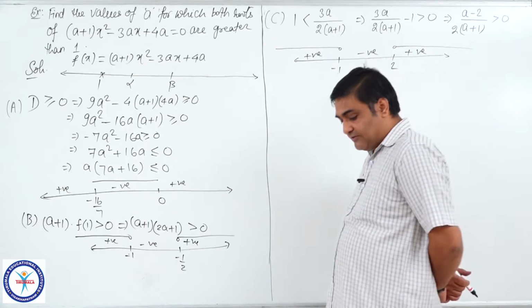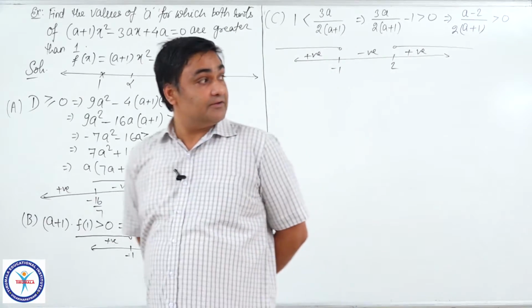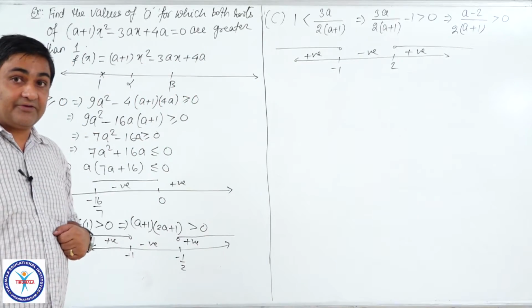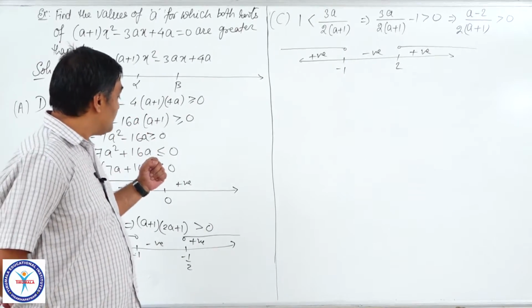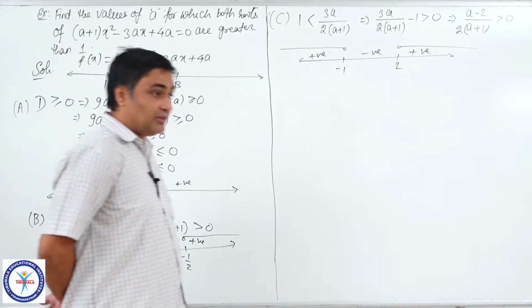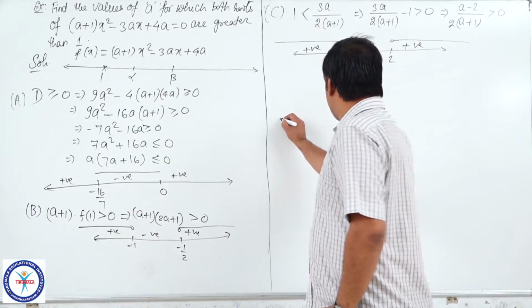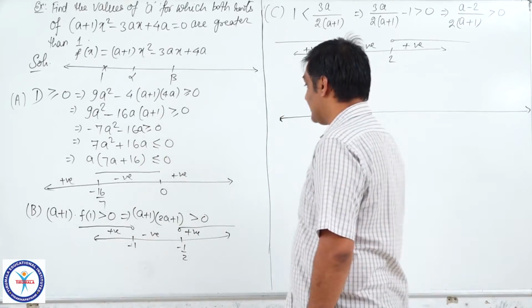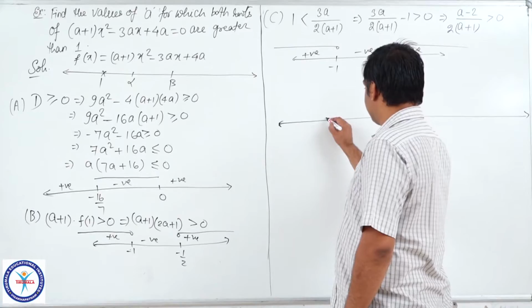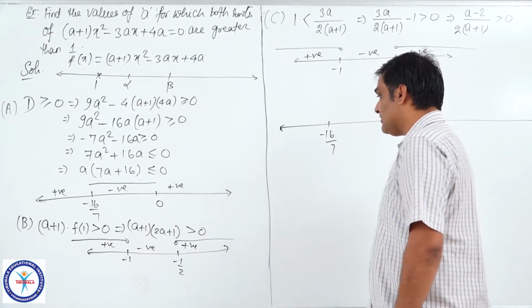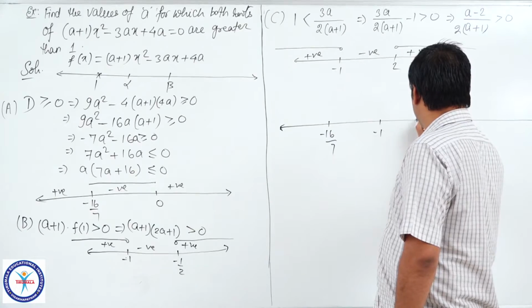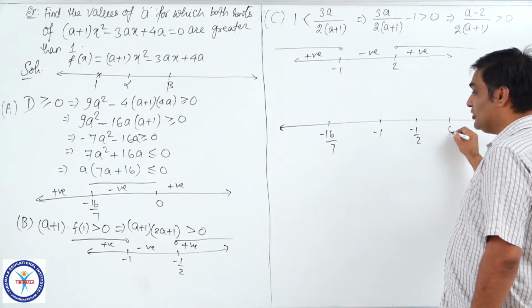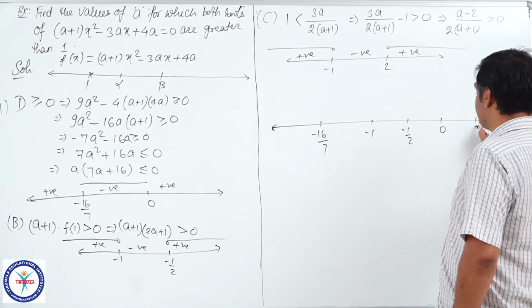So for our final answer, as we were saying that all these conditions are necessary, we will find the common part of all these. Fine. So for the final answer, we write all on a single number line: −16/7, −1, −1/2, 0 and 2.